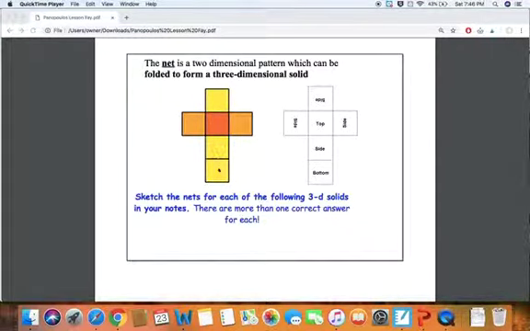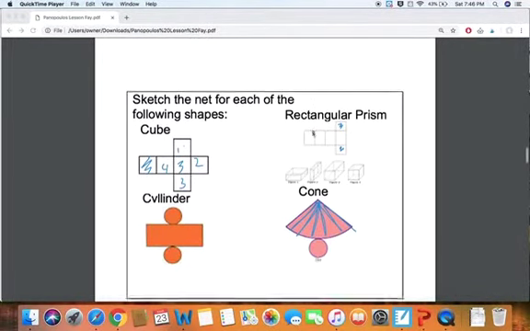Okay, so if we have this one here, we have the top, the bottom, and the four sides. The idea is that it has to remain one piece that we can fold into different ways to become that three-dimensional solid. So anytime we're given a 3D solid, we want to be able to think about what it would look like if we were to unfold it, and sometimes we're even going to have to make a sketch about that. So definitely something to keep in mind.